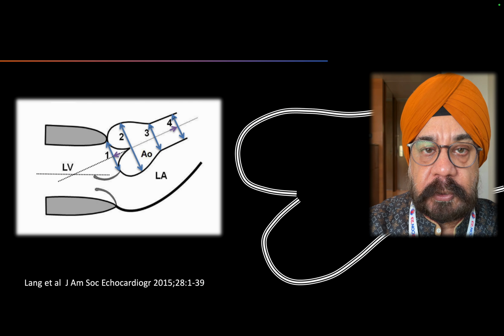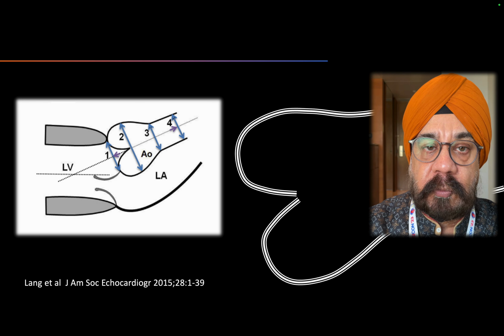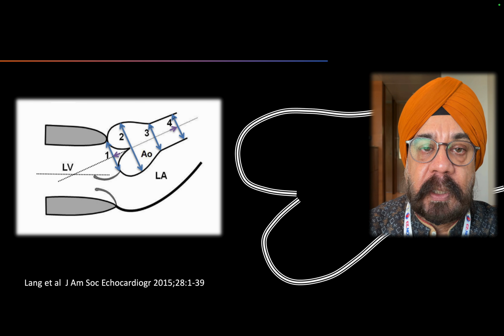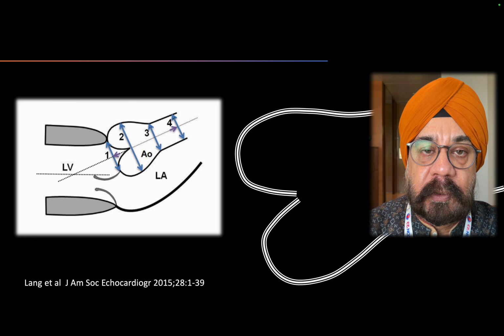So now you understand the measurement of the ascending aorta is becoming important. What do we have in the guidelines? How should we take a measurement of the ascending aorta? We have to take it in diastole, and we take it leading edge to leading edge, because the other modalities use inner edge to inner edge.